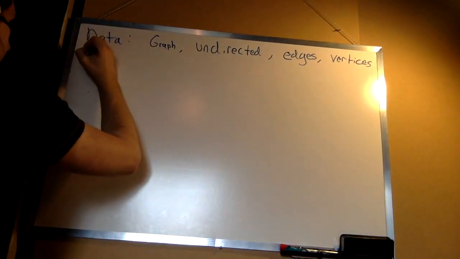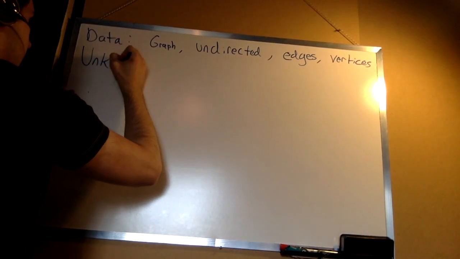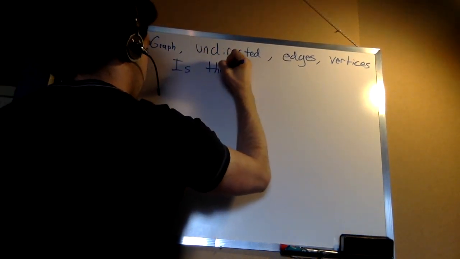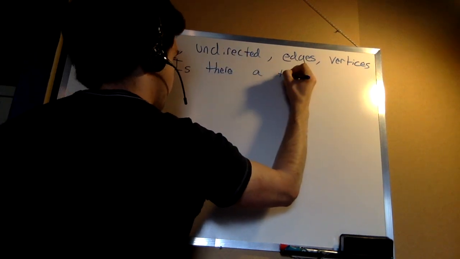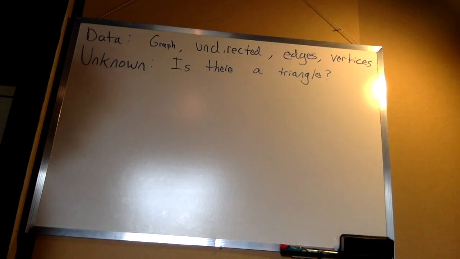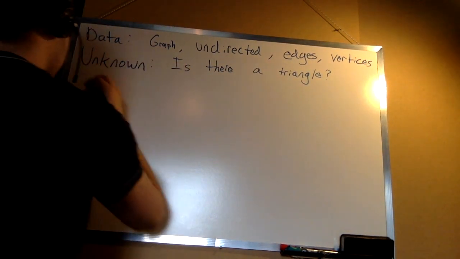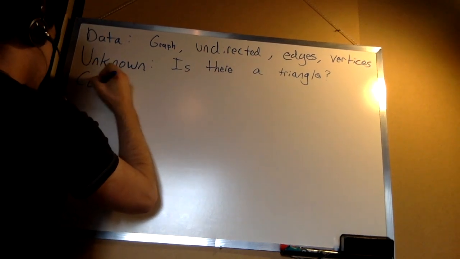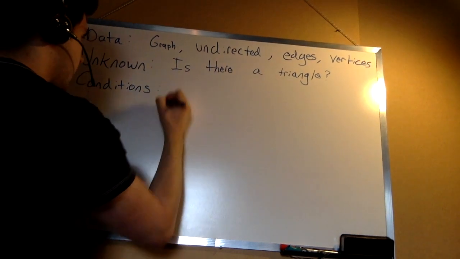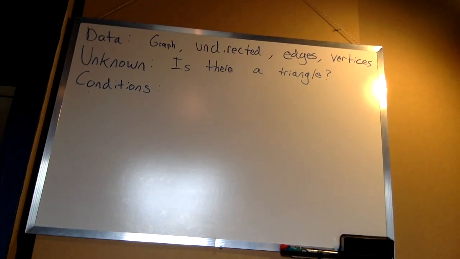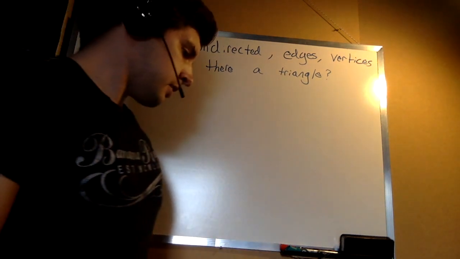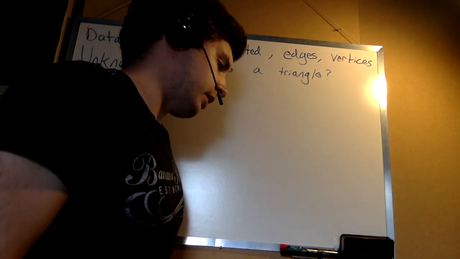And then the unknown is: is there a triangle in the graph? And then the last thing is the conditions. The triangle has to be length 3, which is the definition of a triangle, so I'm not going to write that out.